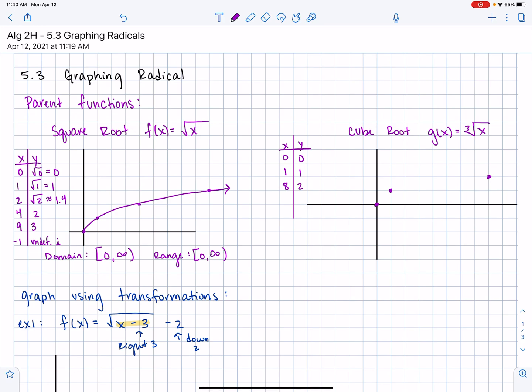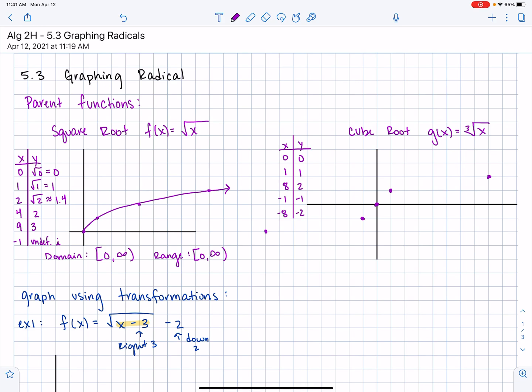All right, and then here's the thing: you can actually plug negative numbers into cube root. So you can take, hey, -1, then the cube root of -1 is -1. Cube root of -8 is -2. 1, 2, 3, 4, 5, 6, 7, 8, all the way over here.